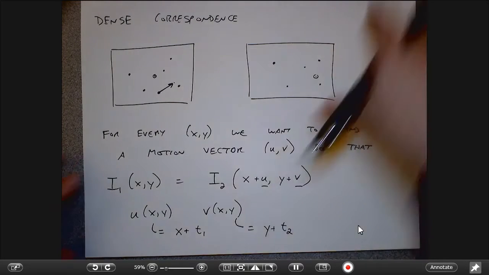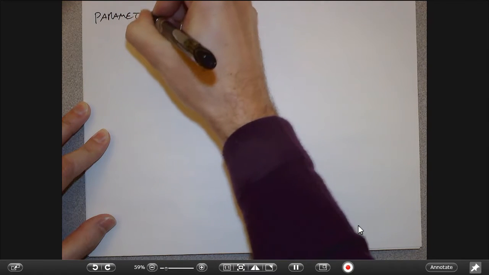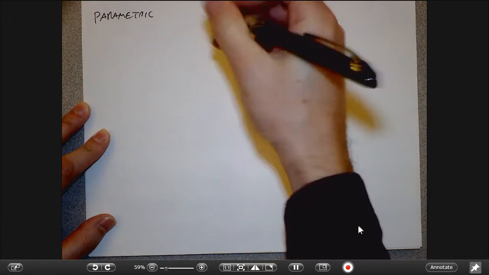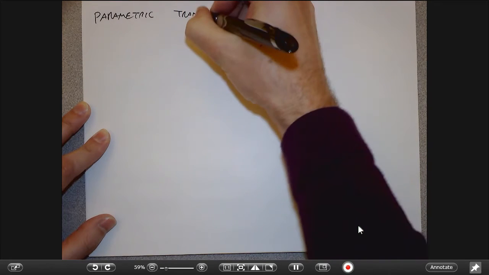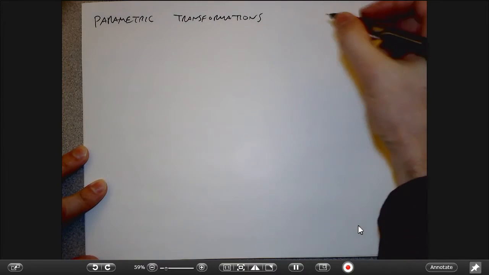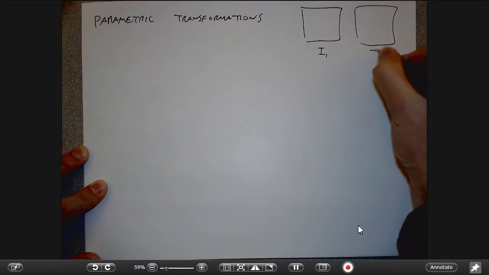These are what I would call parametric transformations, and some of these you're probably already familiar with. Let me draw over here.